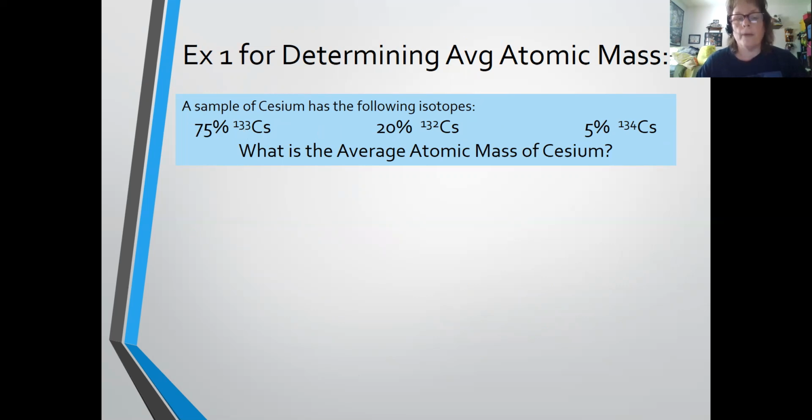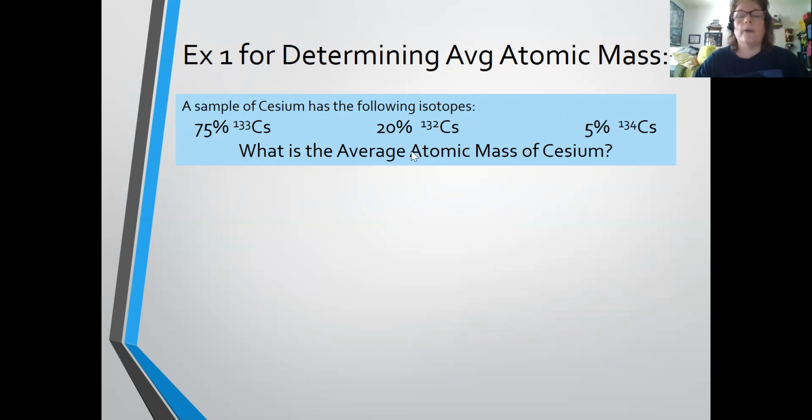And remember, atomic mass tells us the number of protons and the number of neutrons. Okay, neutrons are the important part when you're talking about isotopes. 20% of the isotopes come in the form of cesium-132. 5% comes in the form of cesium-134. So you can kind of see here, you do have one isotope that shows up a lot more than the other ones. Okay.